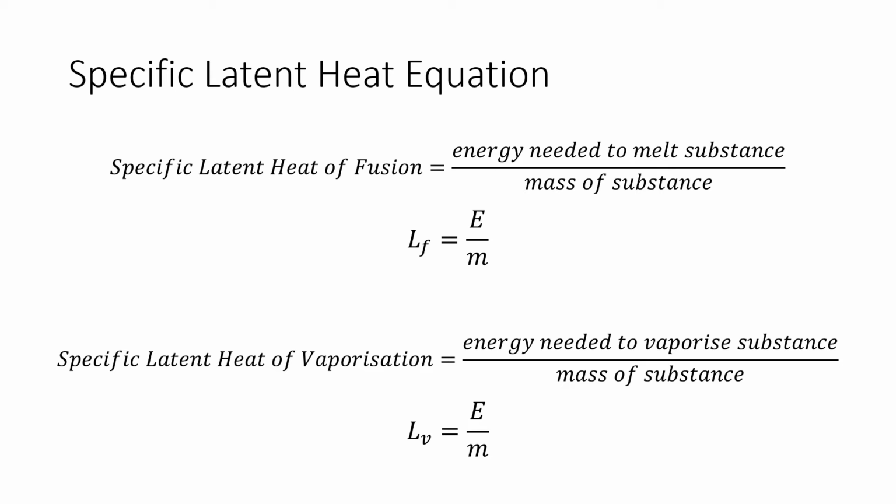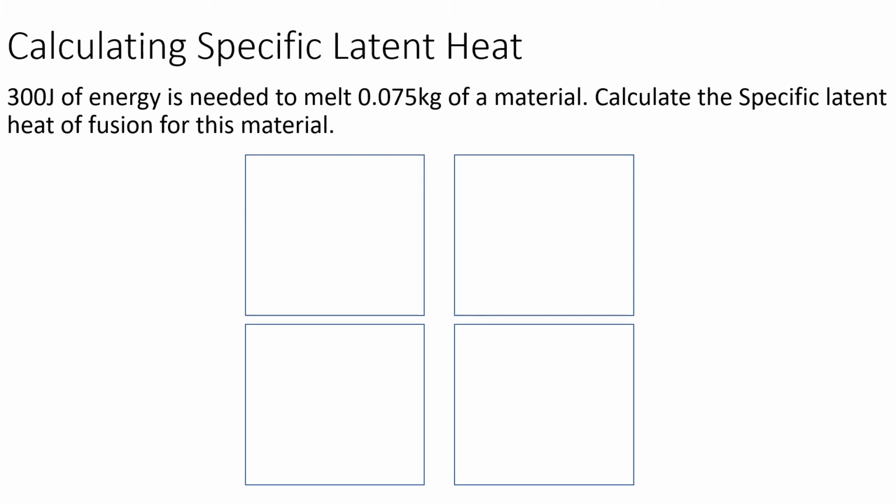So let's apply this equation now. Here we have calculating the specific latent heat. So 300 joules of energy is needed to melt 0.075 kilograms of a material. Calculate the specific latent heat of fusion for this material. So step 1, you should write down what it is you already know. We know energy and we know mass.